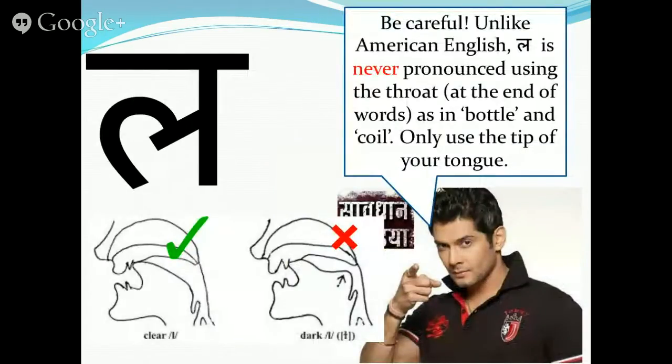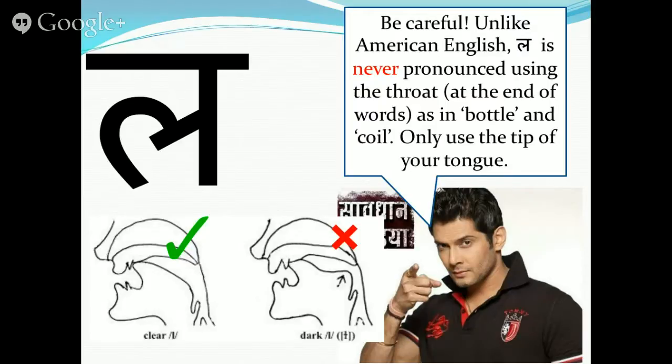And once again, we have another caveat, and we have to be careful because in American English, L actually has two pronunciations. One is at the beginning of words, like love. Notice where your tongue is when you say that, love, and its entire position.